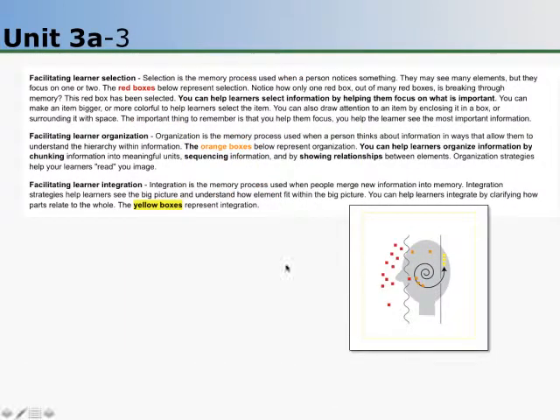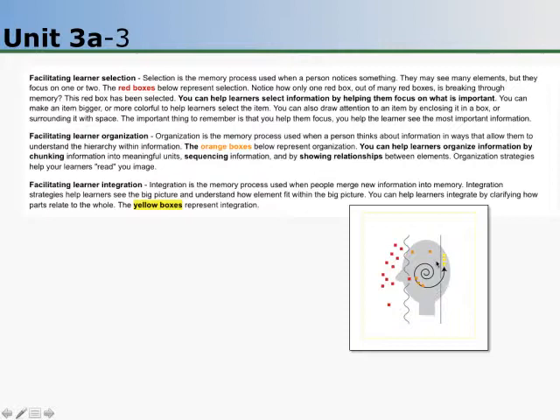Okay, again, I've shown you this diagram several times, but you help a learner select information by helping them focus on what is really important. You help them organize information by chunking information into meaningful units, by sequencing information, by showing relationships between elements.